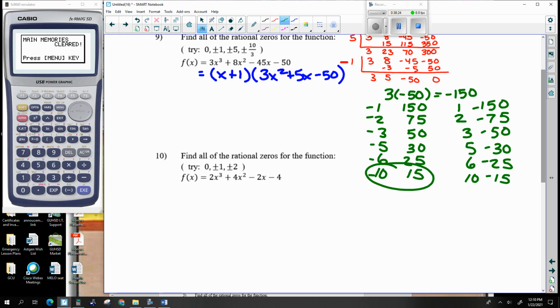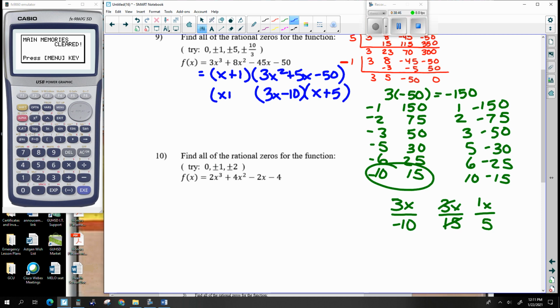And so my result is going to be the front number, which is a 3x, a -10, and a 15. The second one simplifies. And so my result is 3x -10, and then x plus 5, then x plus 1, as such.